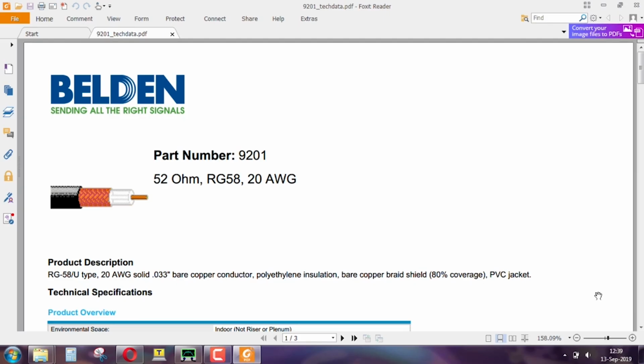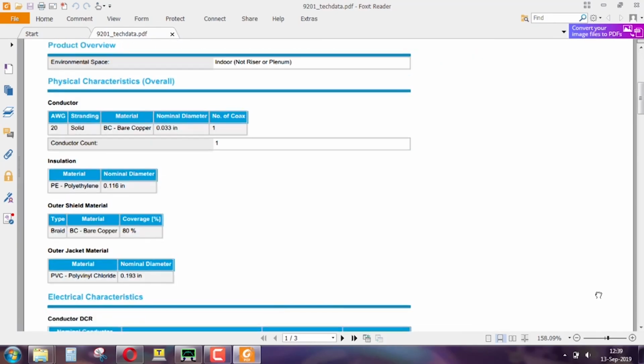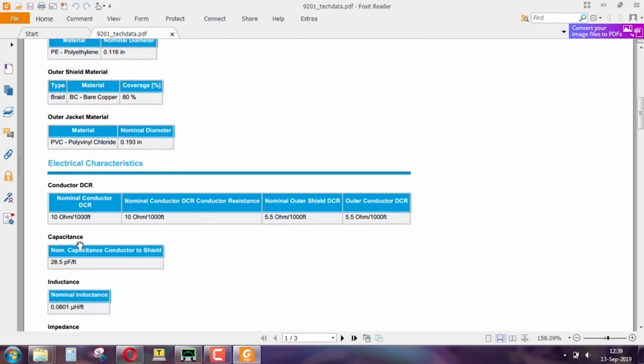And I will just go to some technical specifications. So, again solid core, polyethylene dielectric between the two conductors, braided outer shield, PVC outer jacket material, and then let us see something nominal: conductor DCR.